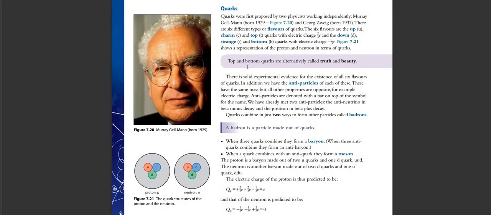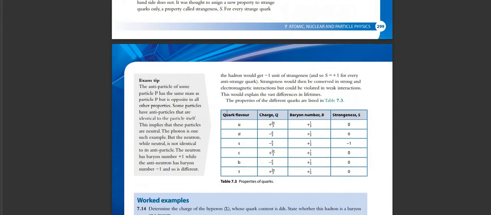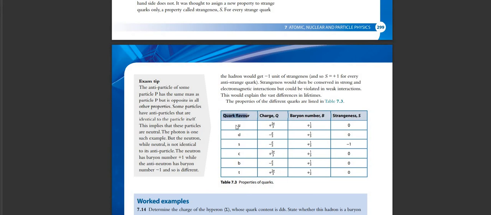Quarks are these really tiny things that pretty much make up everything, like all the protons and neutrons. The main thing you need to know about quarks is that there are six main types: up, down, strange, charm, bottom, top. Each one of them has a charge.